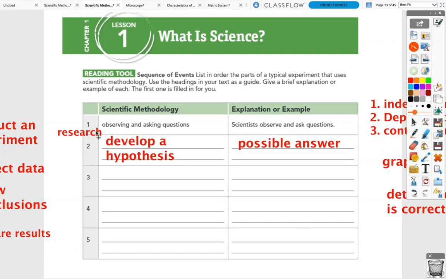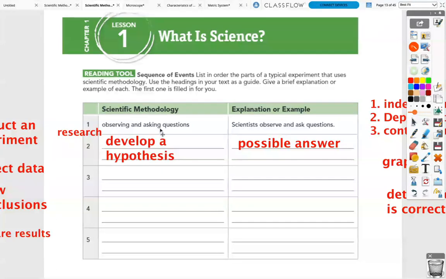The scientist that was working to solve the mystery of stomach ulcers had to do some research. Okay, let's look and see exactly what is causing ulcers to develop in people's stomachs. And he had to look at a lot of previous studies and research before he developed his hypothesis.